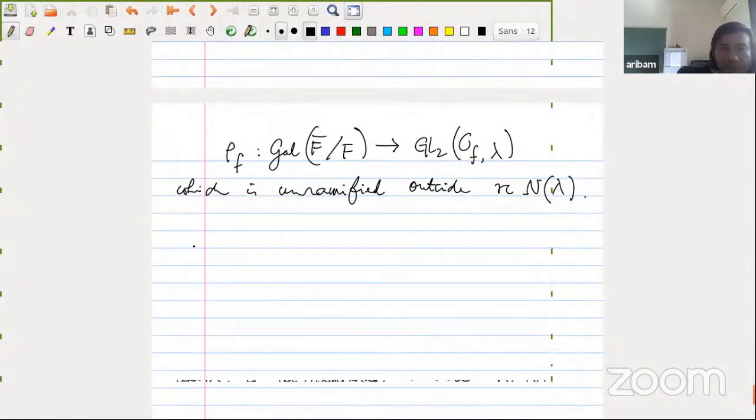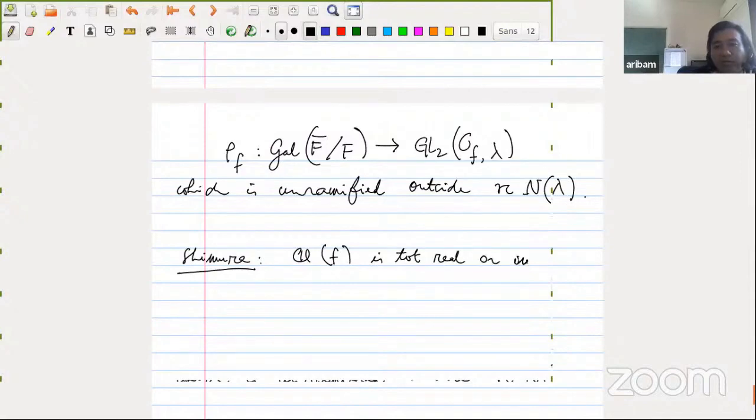This is by Shimura: if I adjoin to Q the values of the Fourier coefficients of f, then this is totally real or imaginary, but this imaginary is of a totally real field.